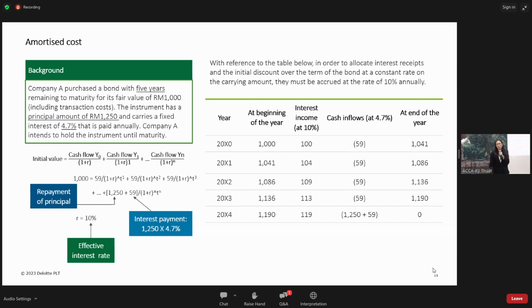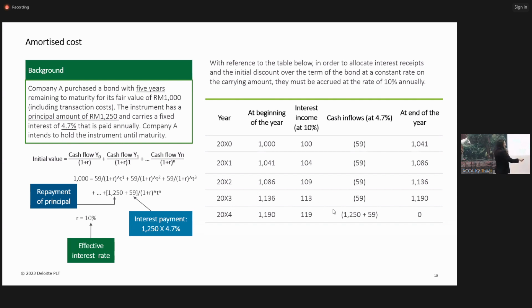Because that is what IFRS 9 says. It says you charge the interest to the income statement based on an EIR. Okay. So what does EIR mean? It means that it is a consistent rate throughout the entire period.